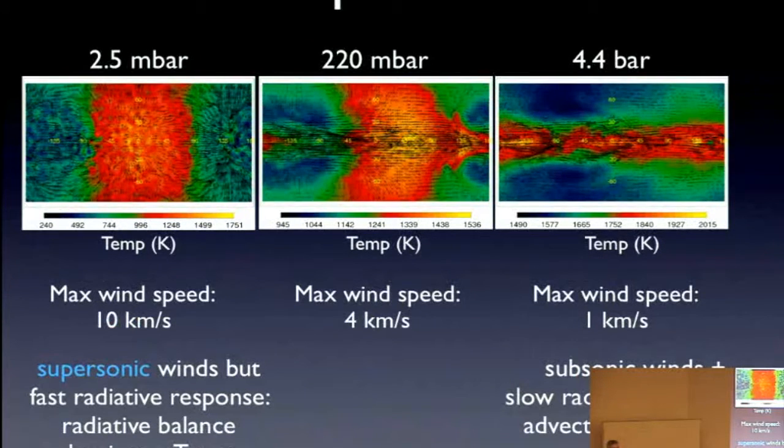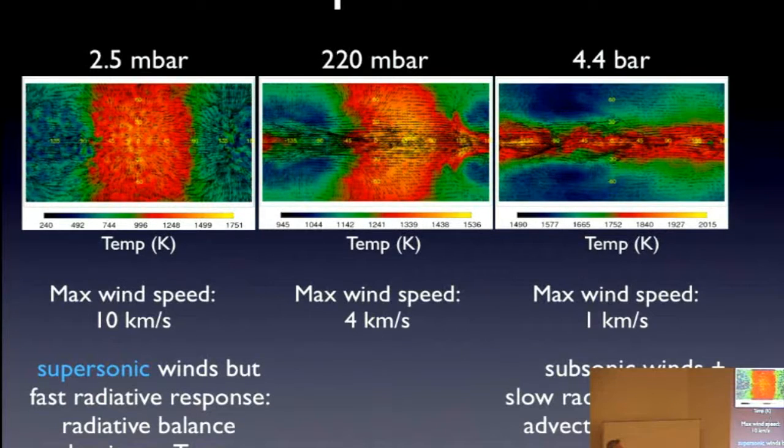This is probably numerical noise, a defect of that simulation. This regime is not easy to simulate well. But what you do get is a temperature pattern in the atmosphere that follows the insolation, from a maximum on the day side of about 1700 Kelvin all the way to 240 K, very cold on the night side. So really an extreme temperature differential.